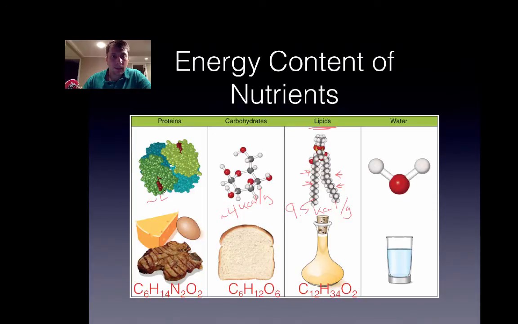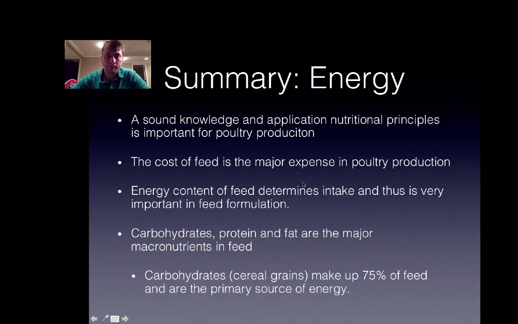Nevertheless, they can be used to produce energy, and they will give you about 4 kilocalories per gram. So pretty much the same between those two, showing you that fats are the most energy dense, and they're often the ones used to increase the metabolizing energy of the feed.